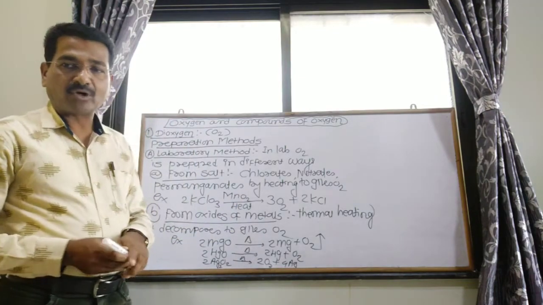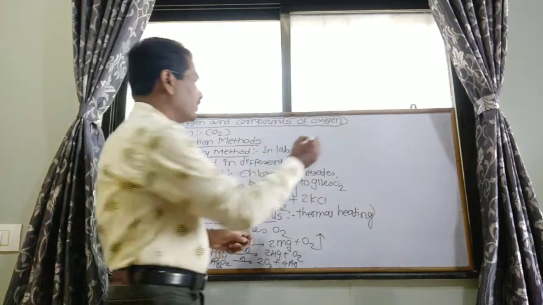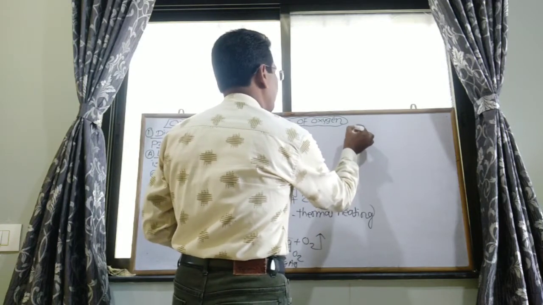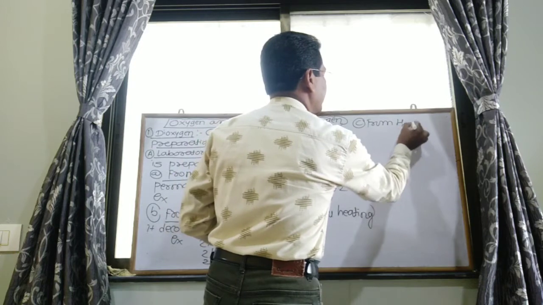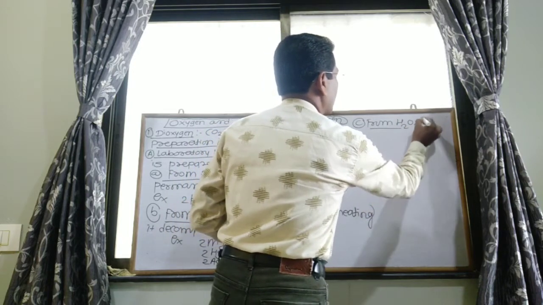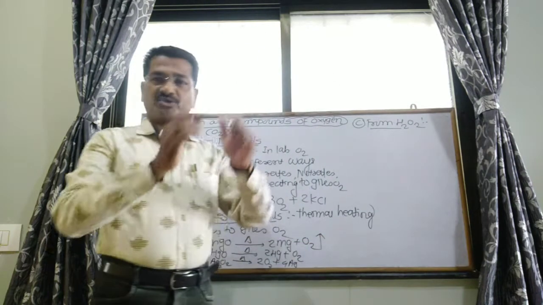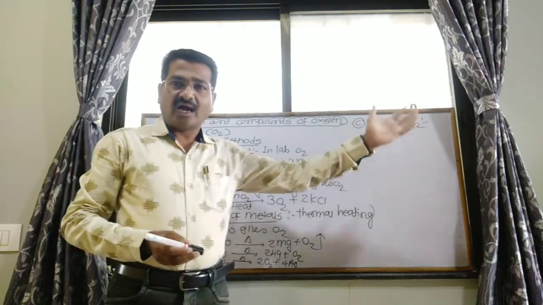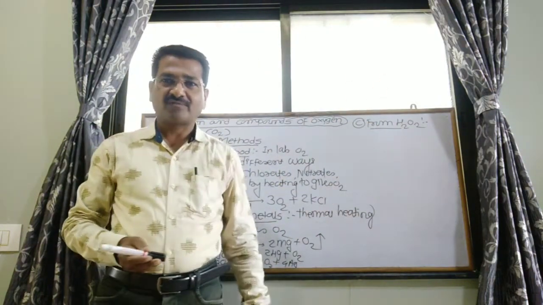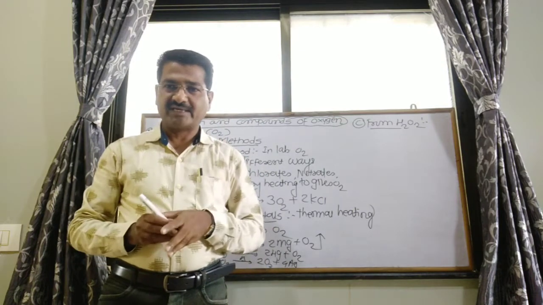Then the third laboratory method is from hydrogen peroxide. H2O2 is hydrogen peroxide. How to prepare dioxygen from hydrogen peroxide?